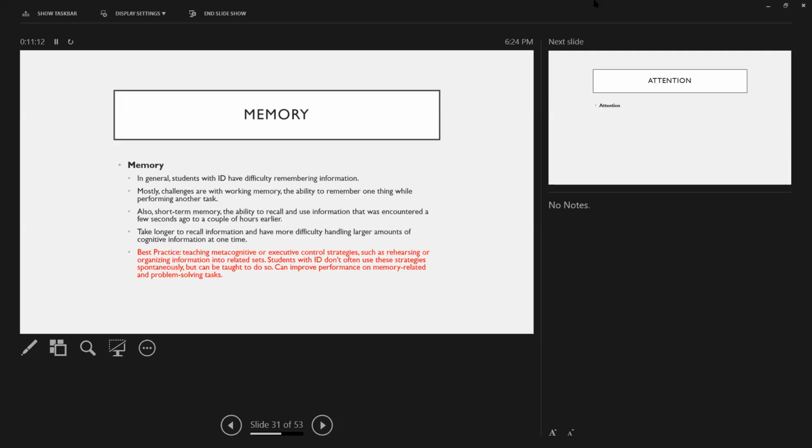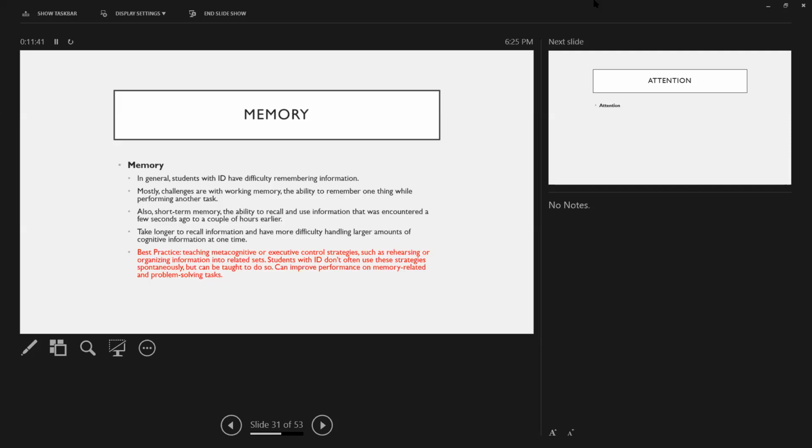And there are strategies for helping with improving memory. These are referred to as metacognitive or executive control strategies. So things like rehearsing, so like repeating information that you want to remember over and over again. Coming up with ways to organize information into related sets to make things easier to remember.